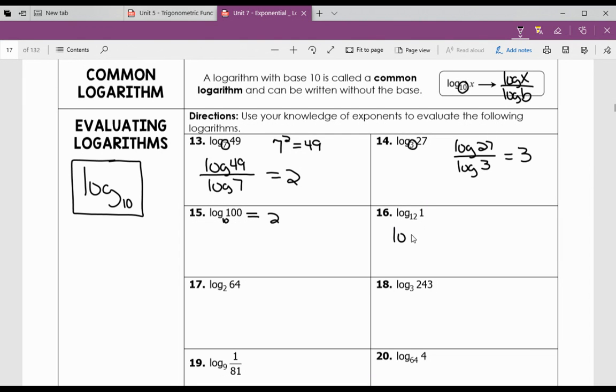So on 16, we're going to do log of 1 divided by log of that base number. Did you get 0?